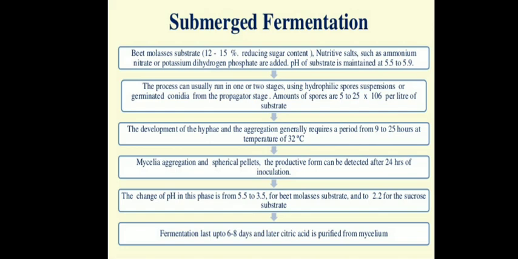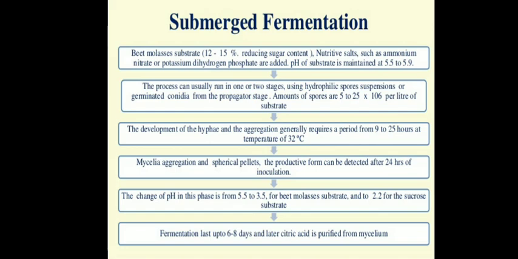And if sucrose substrate is used, then the pH change takes place from 5.5 to 2.2. And this pH change indicates the production of citric acid. The process is continued up to 6 to 8 days.